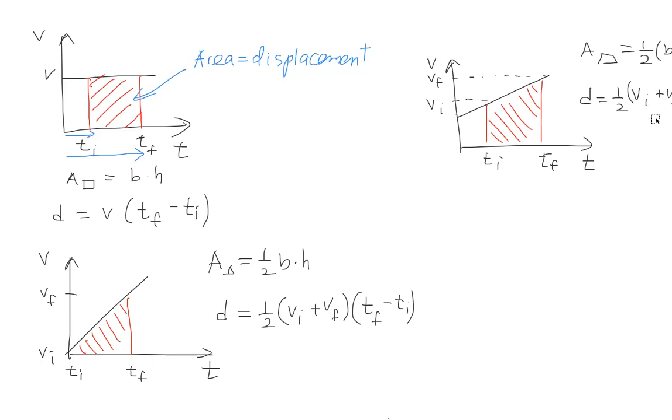I get that they're the same thing, but why can't we just do TF minus TI, and then VF minus V1? Mm-hmm. If you do this, then you lose the information about one of the velocities.